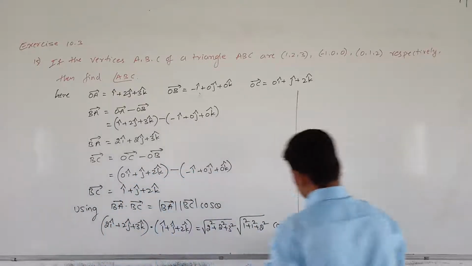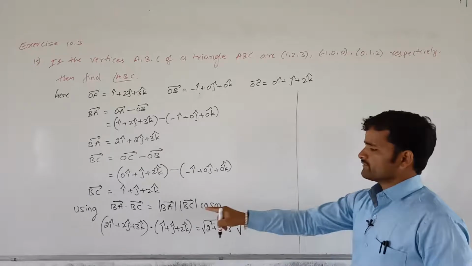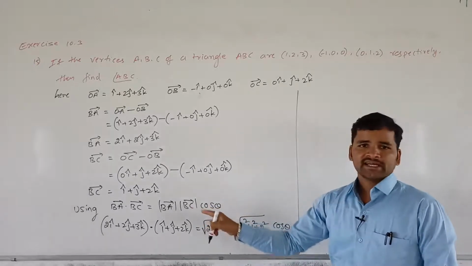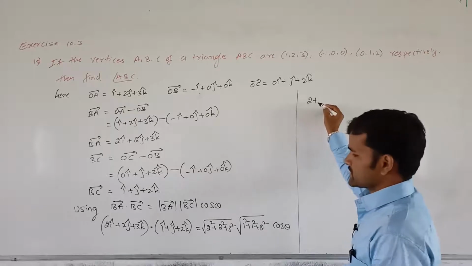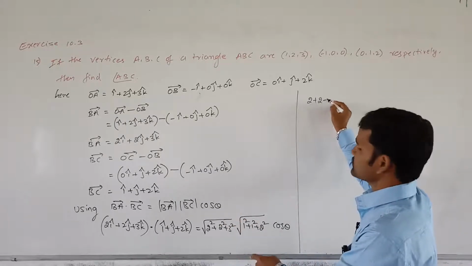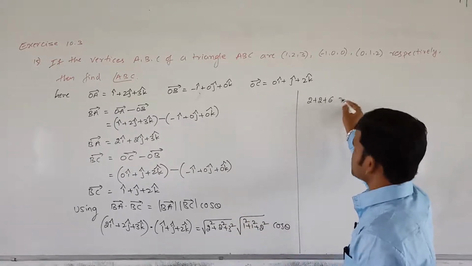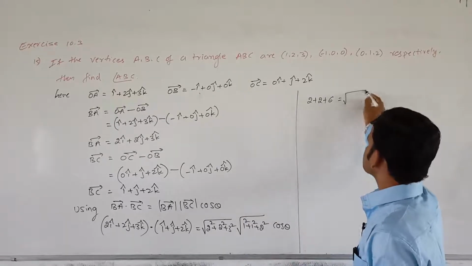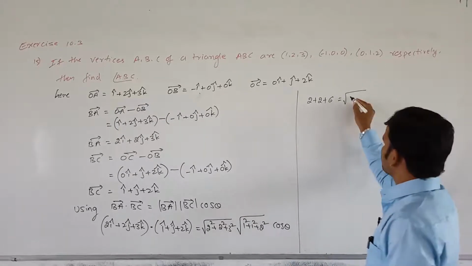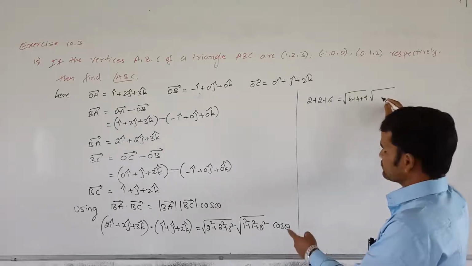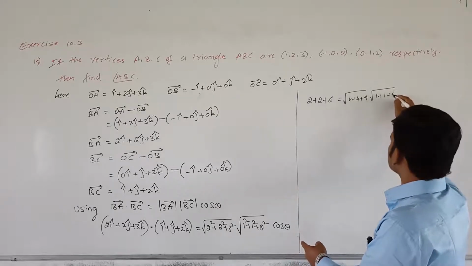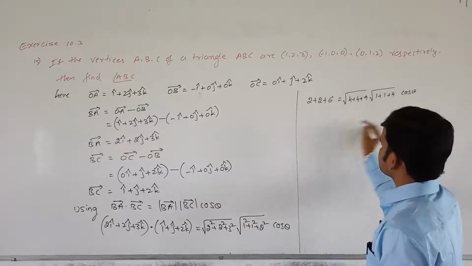You write as it is. Now the dot product of two vectors is nothing but the corresponding components multiplication. 2 into 1 is 2, plus 2 into 1 is 2, plus 3 into 2 is 6, which is equal to square root of 4 plus 4 plus 9 into square root of 1 plus 1 plus 4 into cos theta.